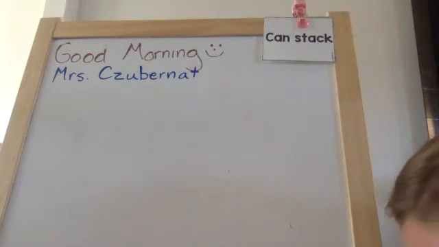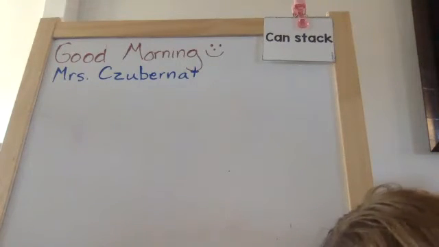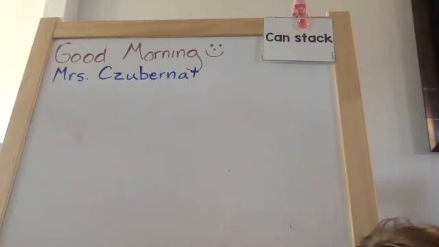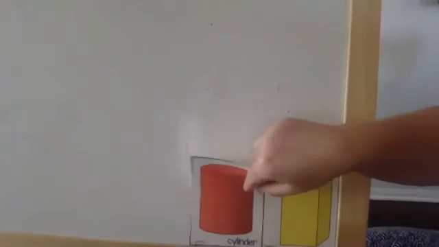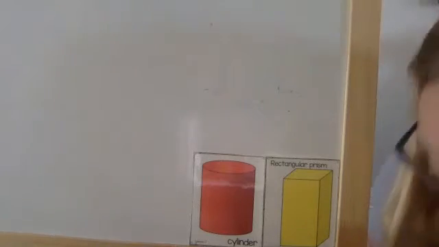I'm looking for three-dimensionals. Please, what three-dimensional shapes? Cylinder. A rectangular prism can stack. A cylinder can stack. A cube can stack.